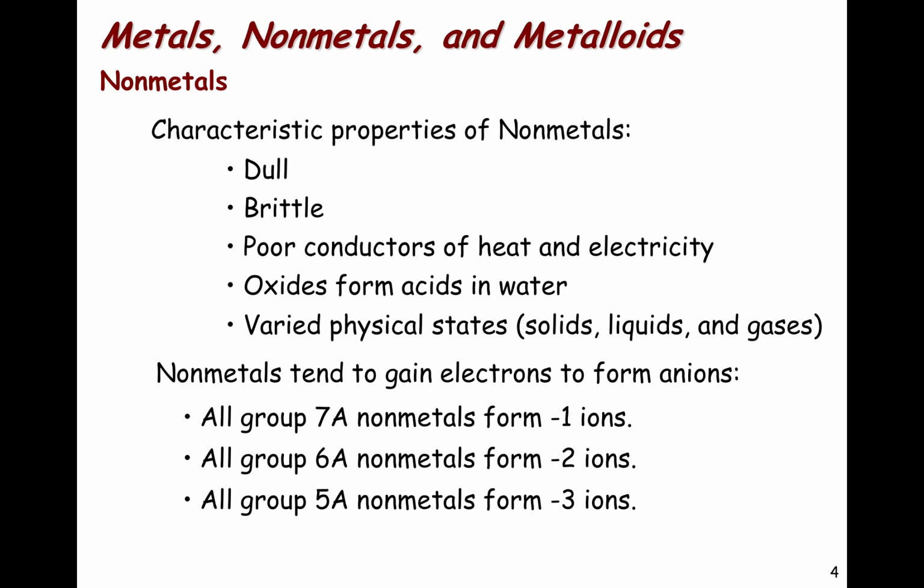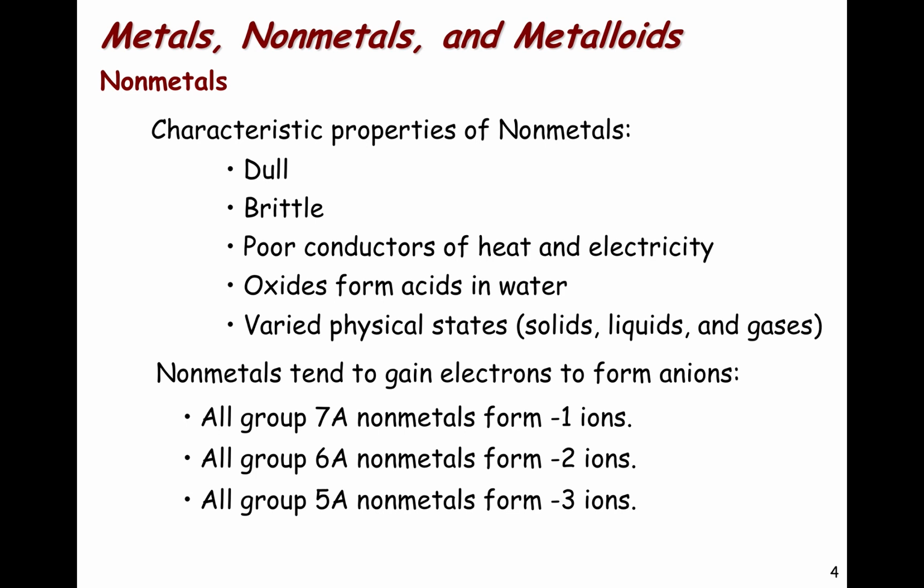If we first consider the group 7A elements, the so-called halogens, those all have electron configurations where all they need is one more electron and they would have the same electron configuration as a noble gas.